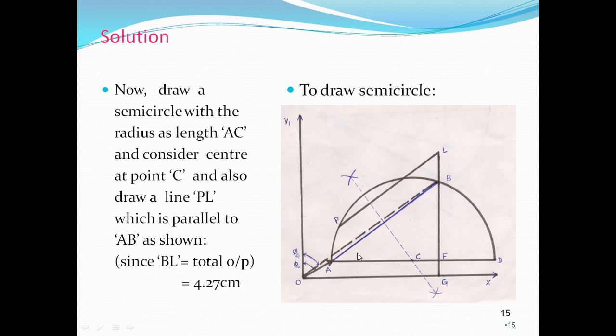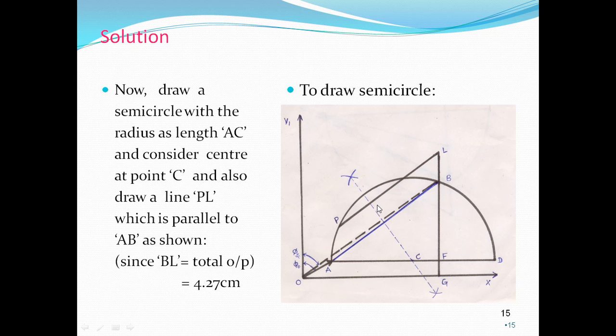Now after joining AB, bisect the line AB by taking a compass with A as center and a radius more than half of AB, and draw arcs on both sides of AB, on the top and bottom. Similarly, with B as center and the same radius, draw two arcs which cut these two arcs, top and bottom.